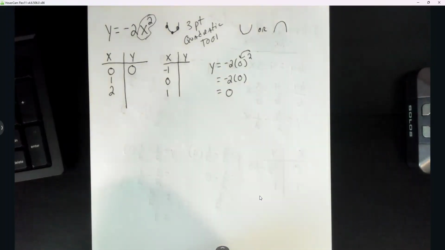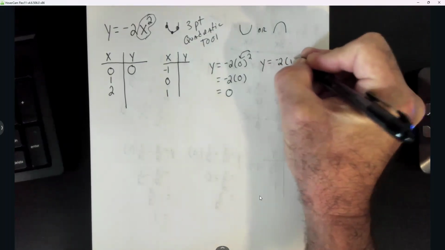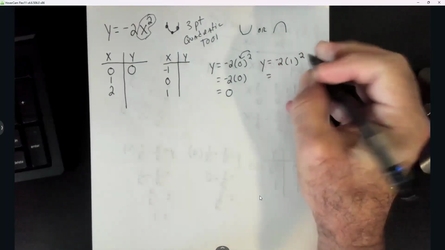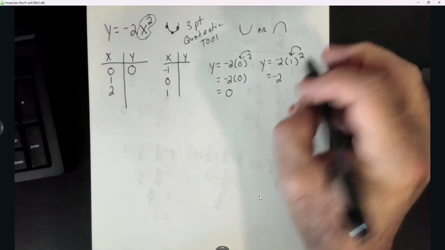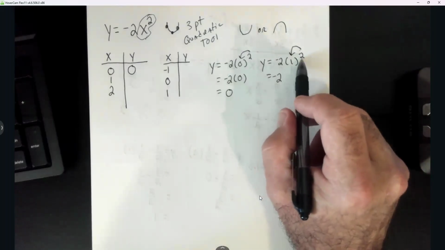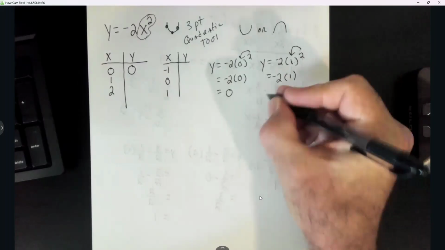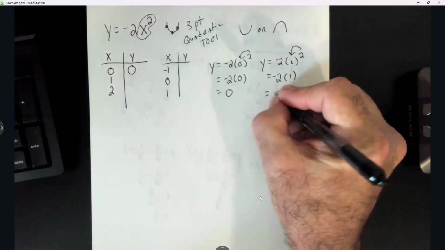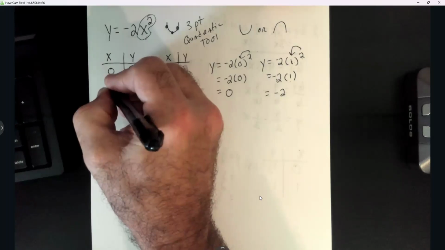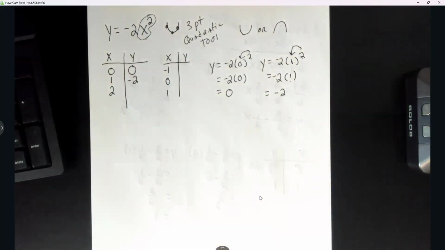So let me go and put a 1 in. So bring down the -2, because we got to do the exponent first. 1 squared would be 1 times 1, which is 1. And then negative 2 times 1 gives me a negative 2. So when x is 1, y is negative 2.